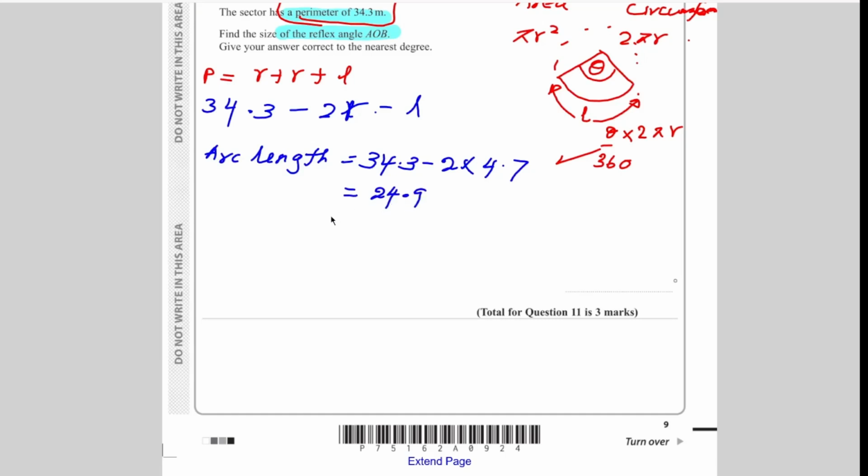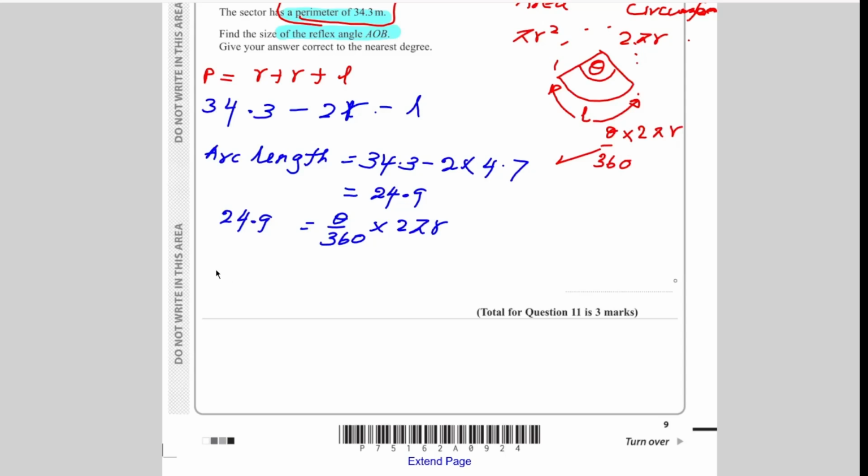So we have the arc length, and I know the formula for arc length: arc length equals 24.9, and it equals theta over 360 times 2 pi r. If it were sector area, it would be pi r squared, but since I am dealing with perimeter, it is part of the circumference, so I pick 2 pi r.